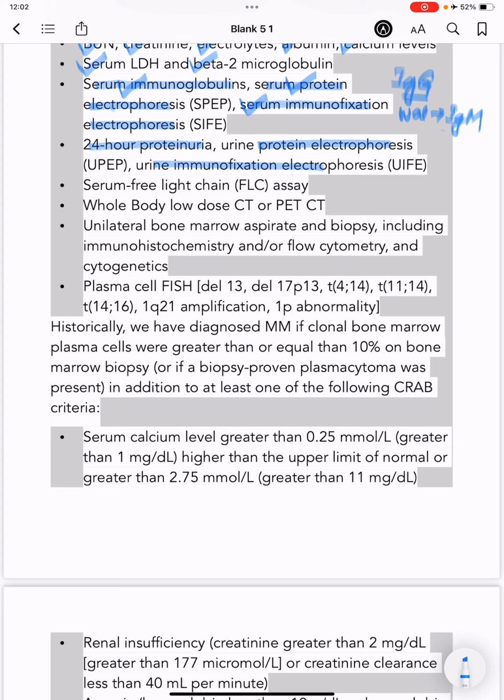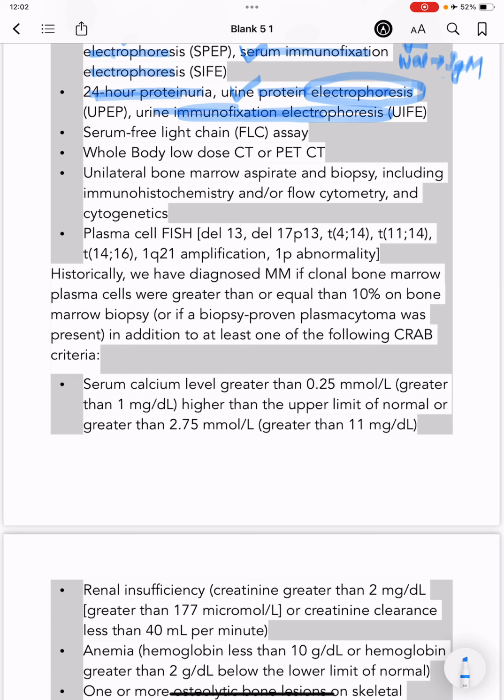So this is from the serum, and then we have the 24-hour urine proteinuria and urine protein electrophoresis. We can discuss the electrophoresis later. Urine immunofixation electrophoresis, and then we have a serum free light chain assay.